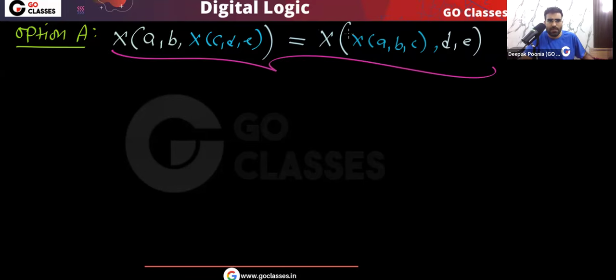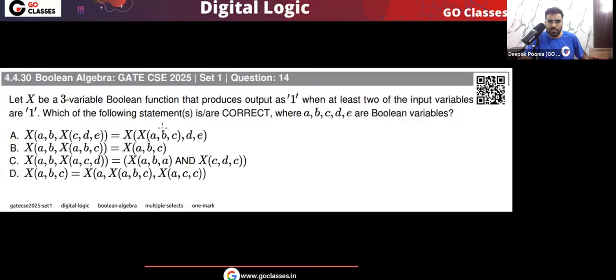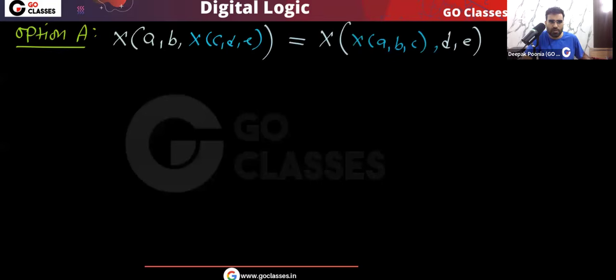So this is option A. Remember, for every option we will try to find a counter example. If I can find a counter example where LHS and RHS are different, then that option I can eliminate, yes or no? Because this is an MSQ question. And remember, if I cannot find a counter example for some option, then that option will be correct. Very simple.